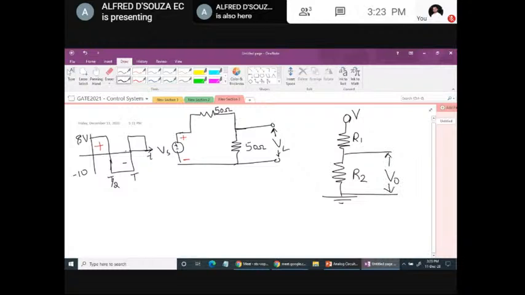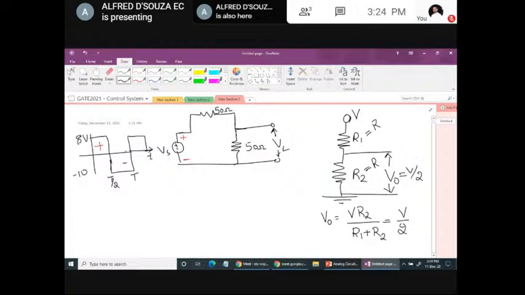So it's very easy to find out the voltage across the second resistor. It is given by V into R2 by R1 plus R2. And if R1 is equal to R2, then this will reduce to this particular form. Output is always the supply voltage divided by 2, half of the supply voltage.